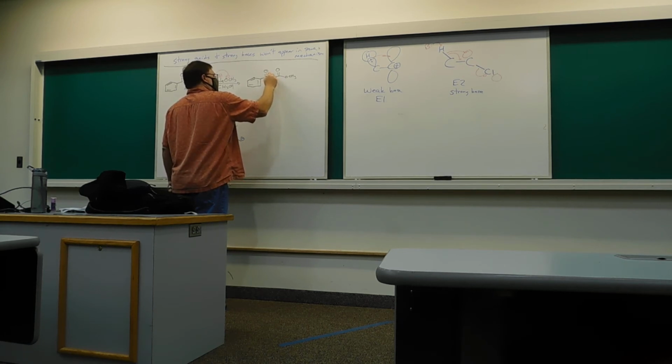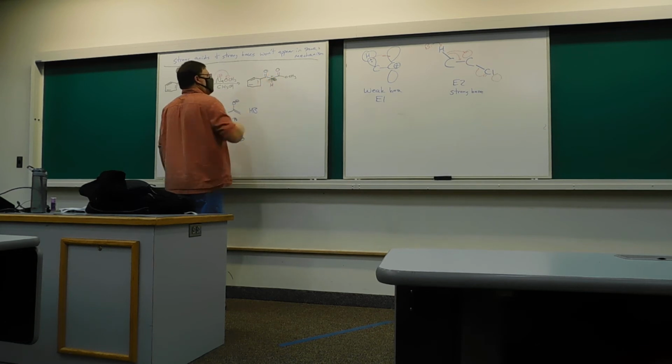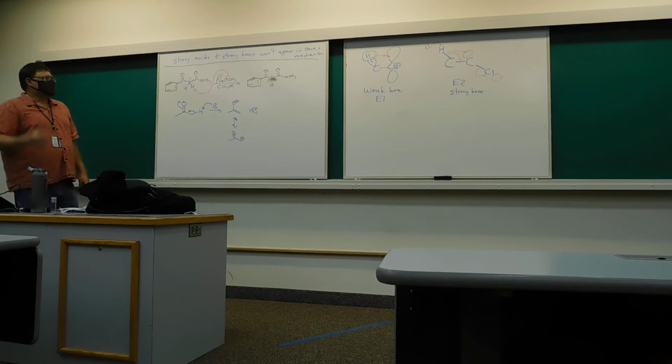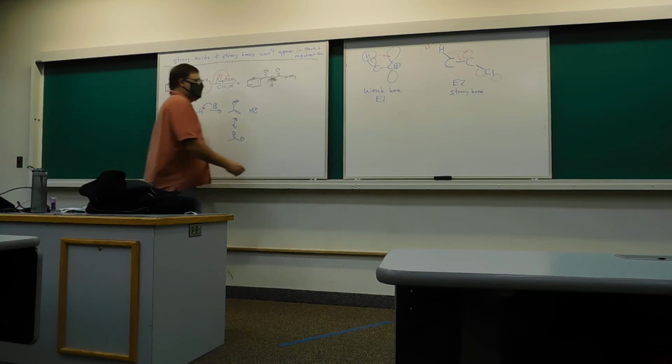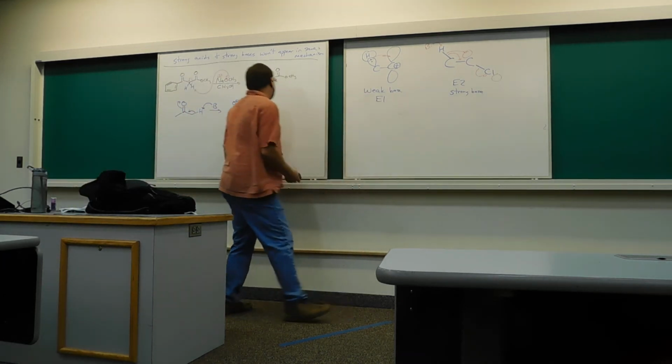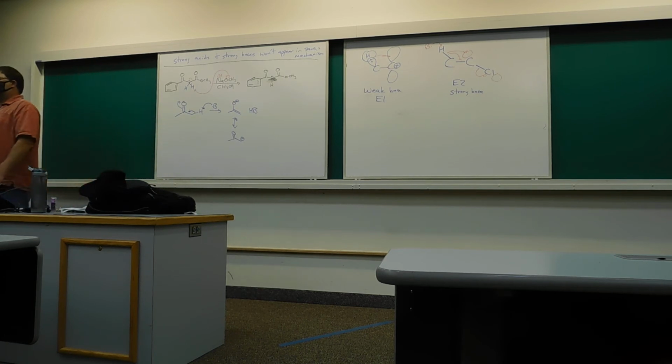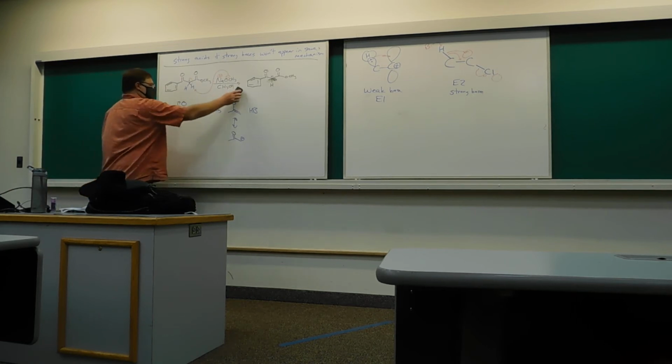Still one H there. Humans see faces and things, so maybe that looks like the molecule sticking its tongue out at you or something. I don't know. Okay. Draw two resonance structures for the molecule I just drew, the product here.